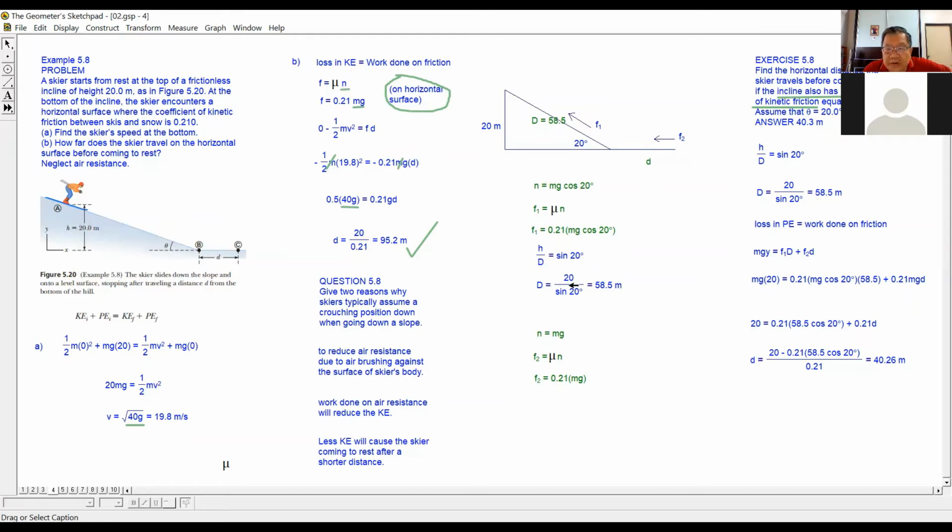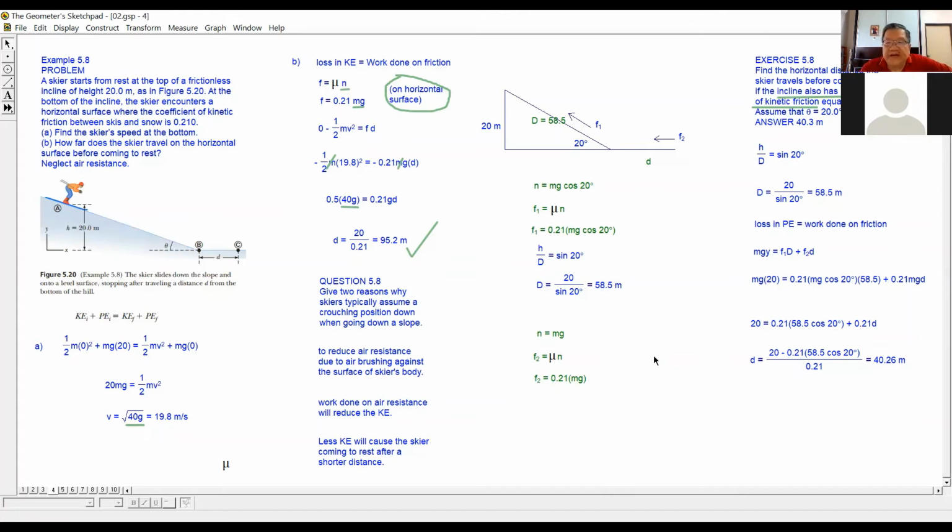The hypotenuse is 20 divided by sine 20, and it is 58.5 meters. This 58.5 meters is the hypotenuse of the triangle. It is also the distance traveled by the skier when exposed to the frictional force F1.